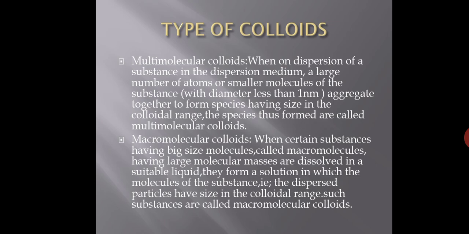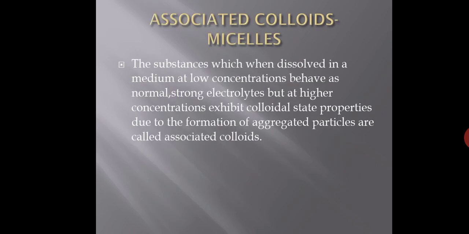Then associated colloids, or micelles. Substances which are dissolved in a medium at a low concentration behave as a normal or strong electrolyte. But at higher concentration, they exhibit colloidal properties. So remember that associated colloids behave as colloids only at a higher concentration, because they have the colloidal set of properties.